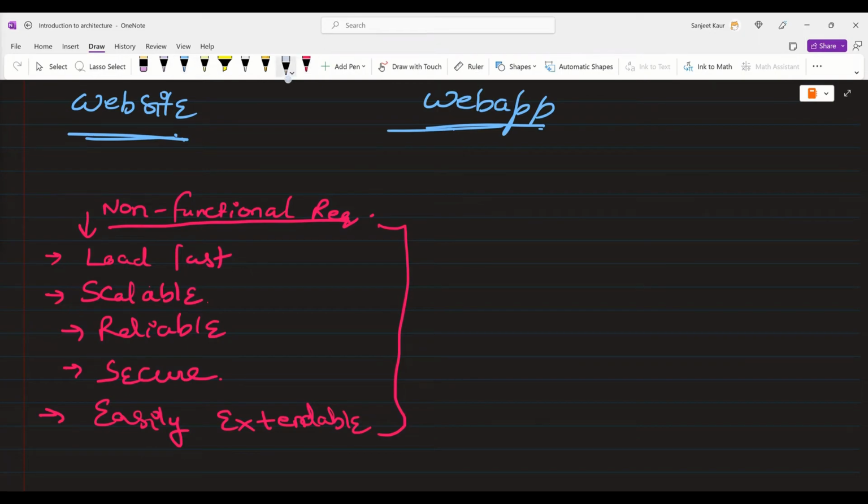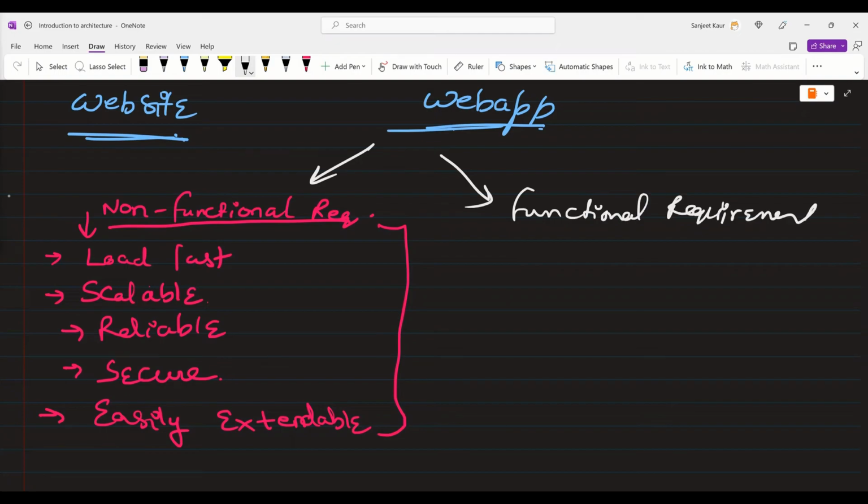One is non-functional requirements, which don't have any direct relation with the functionality, that is, how your website is working. And another is the functional requirements. So functional requirements are like your tech stack.